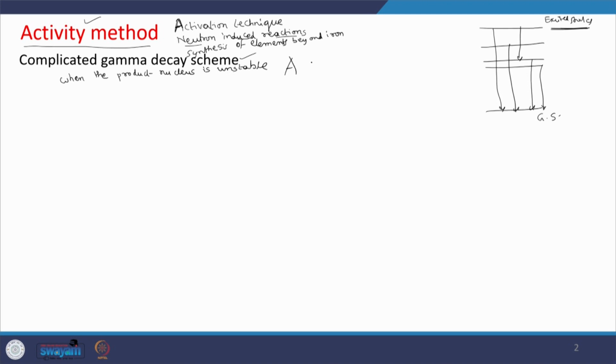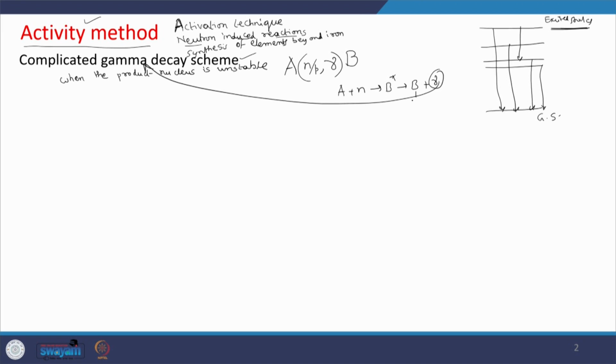For example, target nucleus A and N, or you can take P, okay, and if it is a capture reaction, mostly it is a capture reaction which plays an important role in the synthesis of elements and in the energy production within the stars, and you have the product nucleus B. Okay. So, when A plus N gives rise to B in the excited state, you are getting B plus gamma, and I am saying this gamma as a complicated decay scheme.